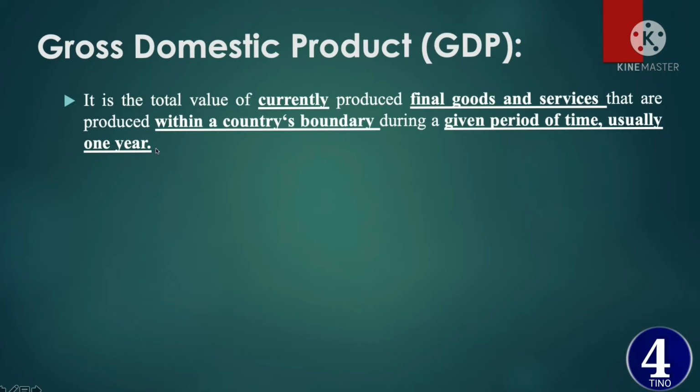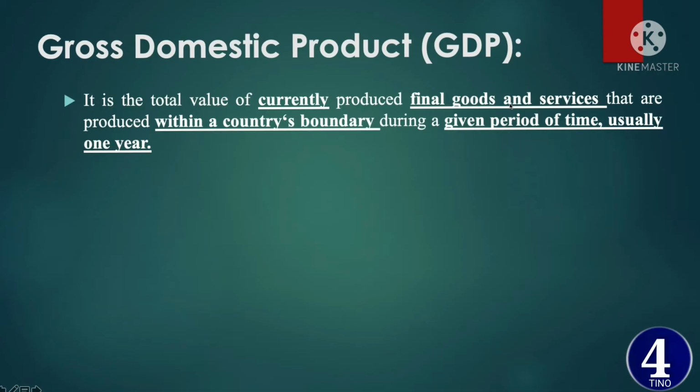So how many points can we understand here? First, it has to be total value, not total quantity. We have to change the total quantity of the output into a value by multiplying by a price. Then, total value of what? Of the final. Why do we say final goods and services?